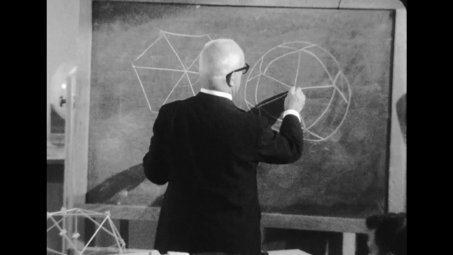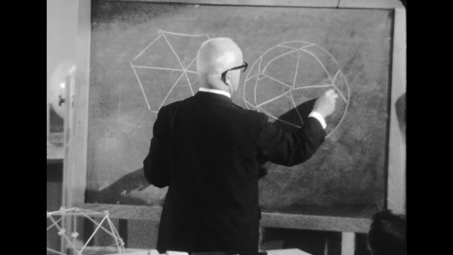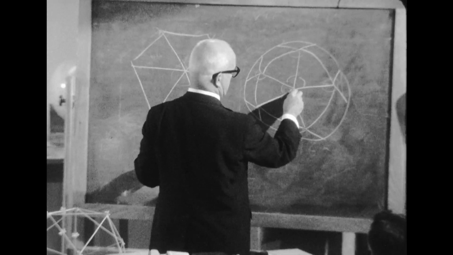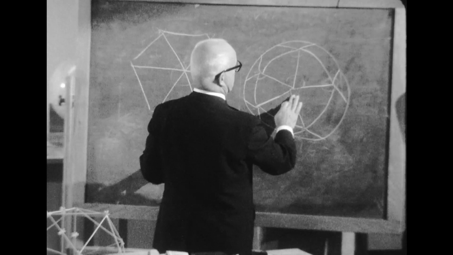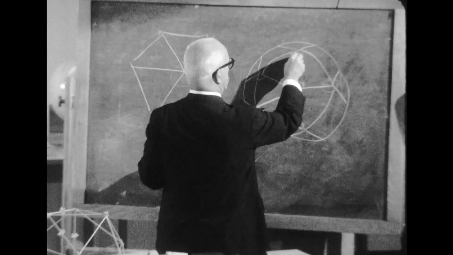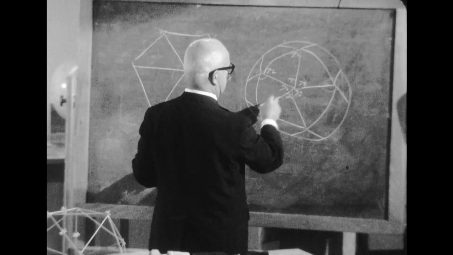The angles around here add up to 360 degrees. There are only 5 of these triangles that come together spherically. So 5 into 360 degrees means that each one of these angles must be 72 degrees. So this is 72 here, this is 72 here, each one of those is 72 degrees.